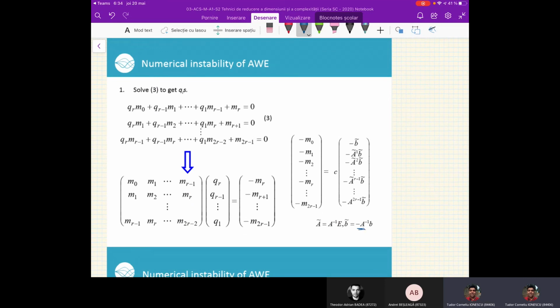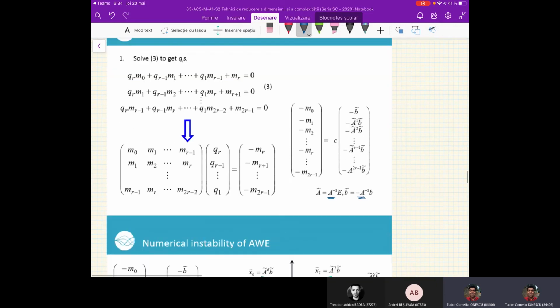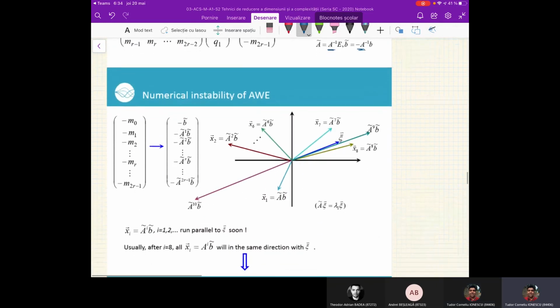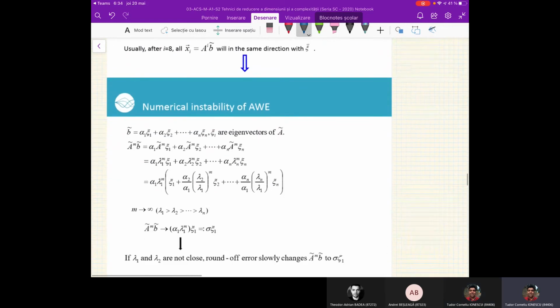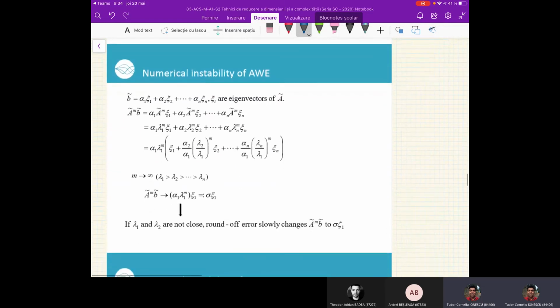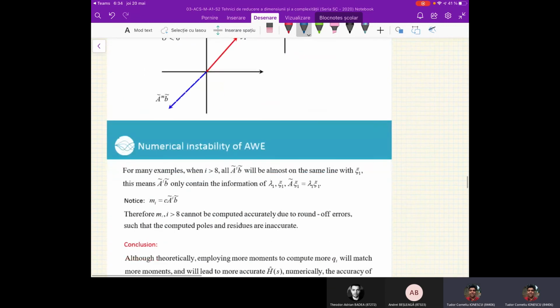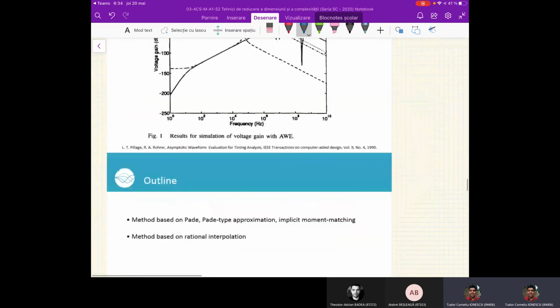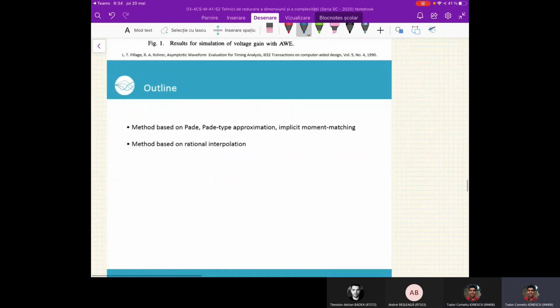Because probably due to the fact that you need to use this inverse, which might cause serious problems. Okay. And it shows you here what numerical instability of this means. I'm not going to get into these very numerical details.